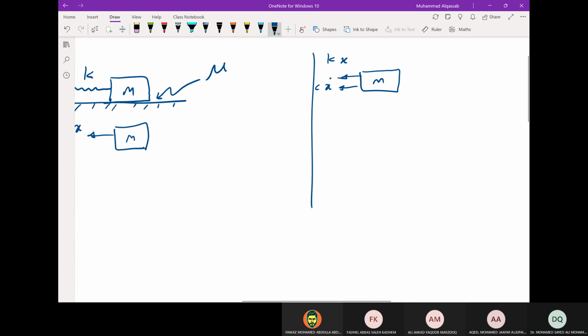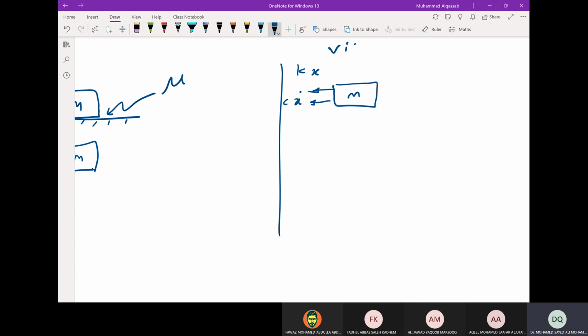So for the viscous damping, the direction of the damper force will change if the velocity changes sign. The positive direction is to the right, positive for x and x dot.